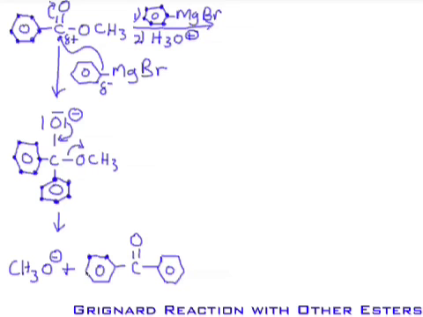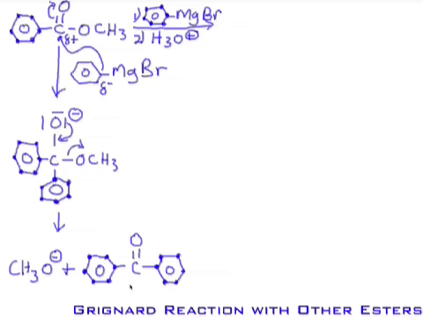Now, just like the methanoate case in making aldehydes, these esters do not provide a good way to make ketones. It's very difficult to get any substantial yield of the ketone. You see, the ketone also has a delta plus on the carbonyl, and hence is subject to attack by Grignard.